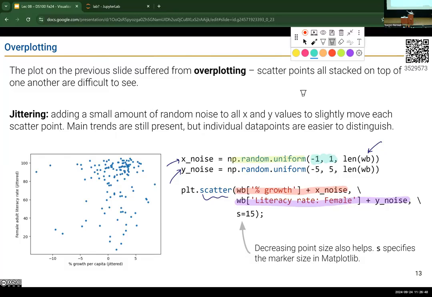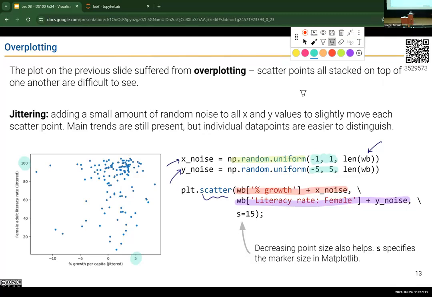So that's for the x-axis. For the y-axis, I'm saying that now your range can be wider. It's going between -5 and 5 because the range of the y-axis is slightly different than the range of the x-axis. So we need to jitter a little bit more so that we see the differences in the plot. So that's basically what's happening.